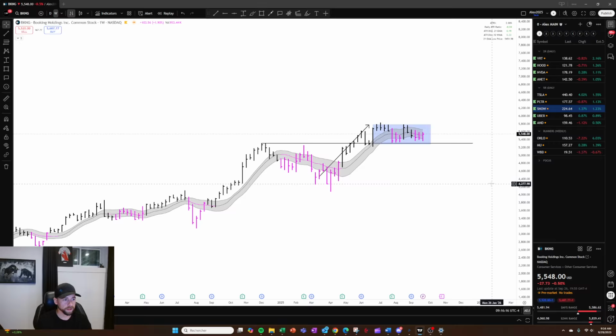So if you like the weekly pattern and you're a bit like me with Auber, getting ready to be chopped up and just not in a hurry to see it work, then you can buy pretty low in the weekly, trying to position yourself on the weekly reversal, still in the weekly structure.